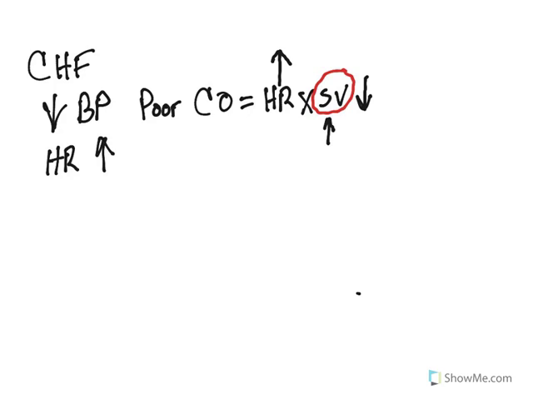So now the next thing is respiratory rate. Well, you tell me, if you were trying to breathe through water, do you think you're going to have to breathe faster, or do you think you're going to have to breathe slower in order to get that oxygen in? If you're hypoxic, what do you think is going to happen to your respiratory rate? Well, obviously your respiratory rate's going to increase. Now you'll see that with all of the other respiratory diseases, the respiratory rate is elevated.